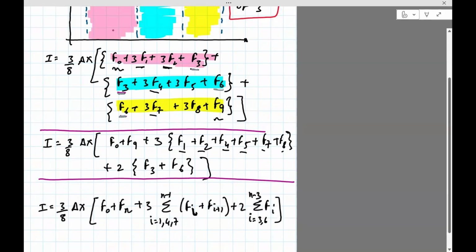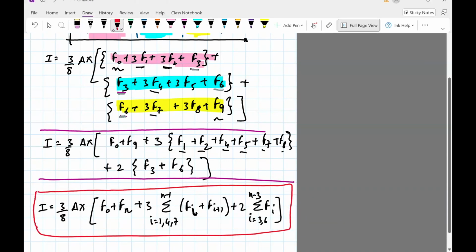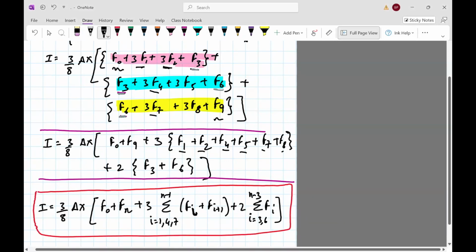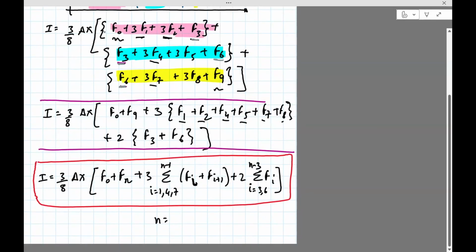So this is our general formula, where n is a multiple of 3.